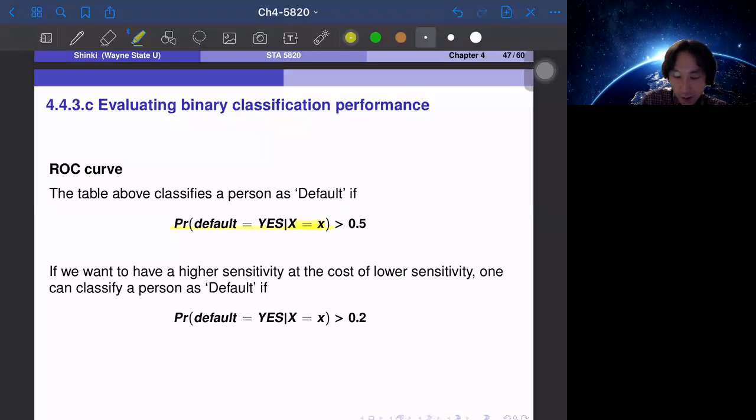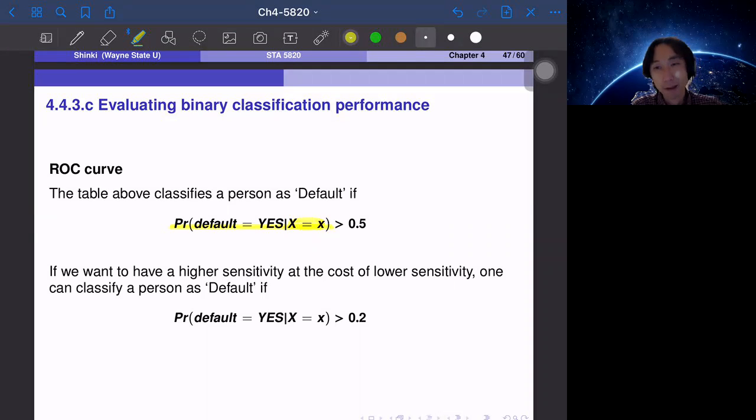One natural way of thinking is the 50% probability as threshold. If the probability of default given x is more than 50%, then we predict that person will be in default. But that rule is not always the best.